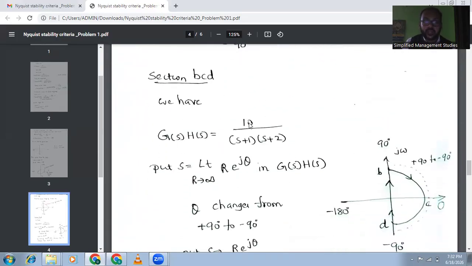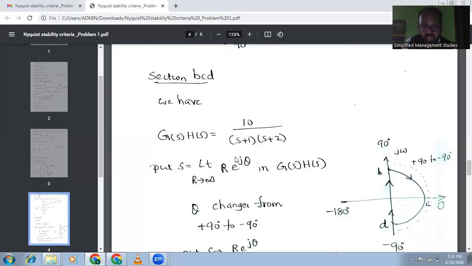So again, you have to write the transfer function 10 by (s plus 1) into (s plus 2). Now what you are supposed to do is replace s by limit r tends to infinity, r into e to the power j theta, in this particular transfer function. So s equals limit r tends to infinity of r e raised to j theta.